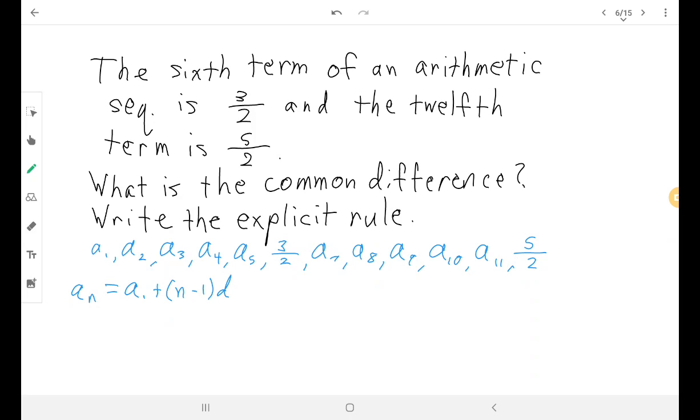So I have some information that can help me with this, right? I have the sixth term, and I have the 12th term. The 6th term is 3 over 2. The 12th term is 5 over 2.